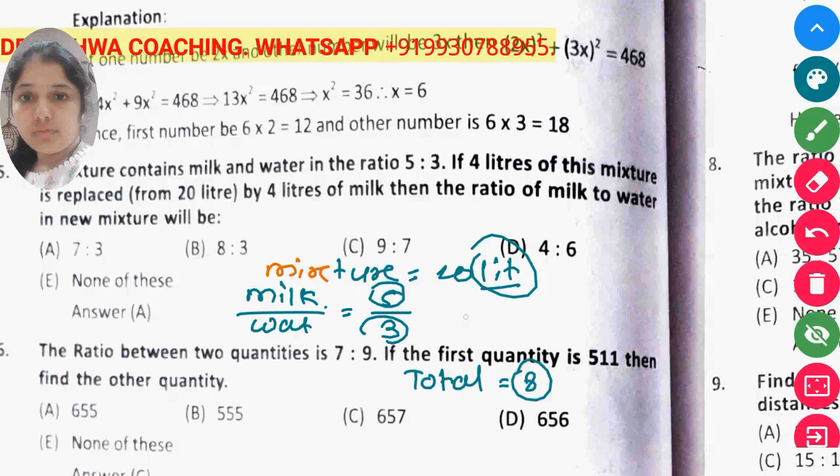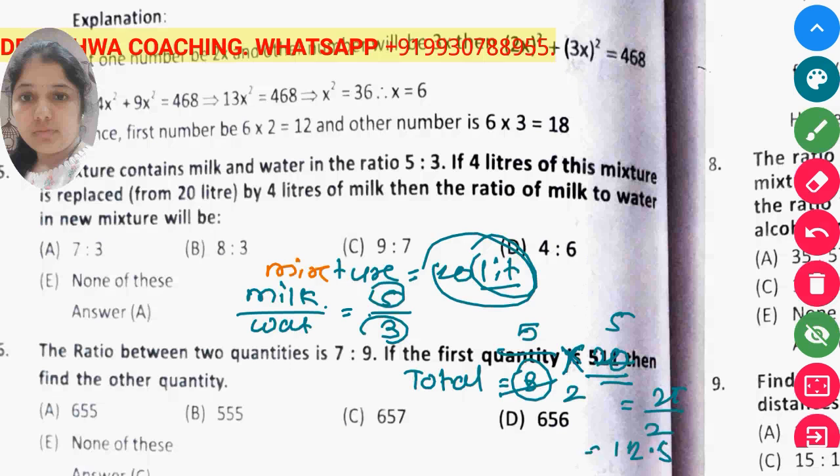Now if in 8 portions, 5 portions are milk, then in 20 liters how much milk is there? So 5 by 8 multiplied by 20 gives us the quantity of milk in these 20 liters. So do the operation. 4 2s are 8 and 4 5s are 20. So 25 divided by 2.